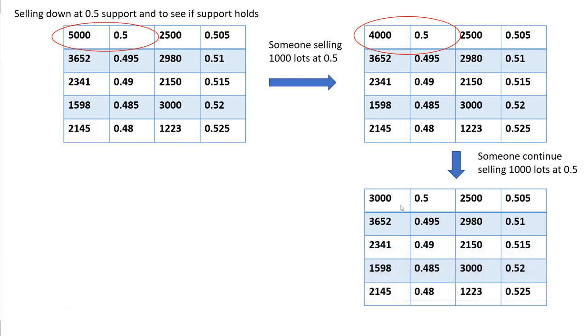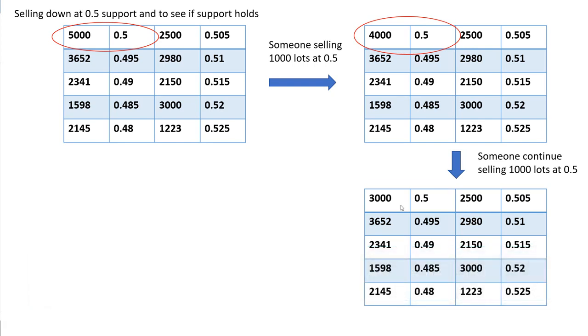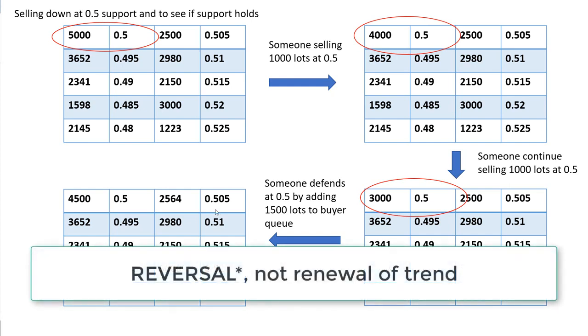Now, this is not the end of the story, of course. If it's being sold down, we have to ask ourselves next, is anybody refilling the buyer levels to defend the 50 cents price? If someone is defending this 50 cent price, is that person able to absorb all the current sellers' tickets? If someone defends the 50 cents level by adding another 1,500 lots to the buyer queue, that is a potential renewal of trend.